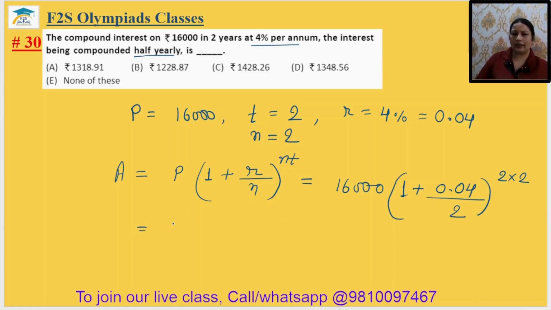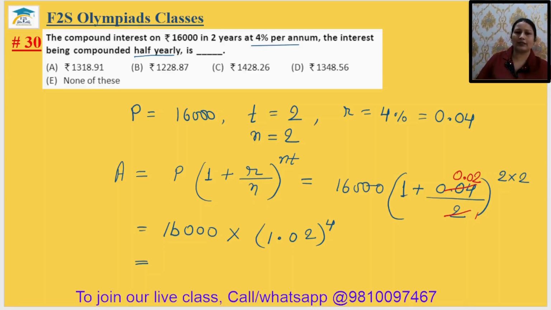Okay, so we can write it as 16,000 multiplied by, here it will be 2 1s are 2, 2 2s are 4, so 0.02. So we can write it as 1.02 to the power 4. Okay, when you simplify 1.02 to the power 4, you will get 1.082.